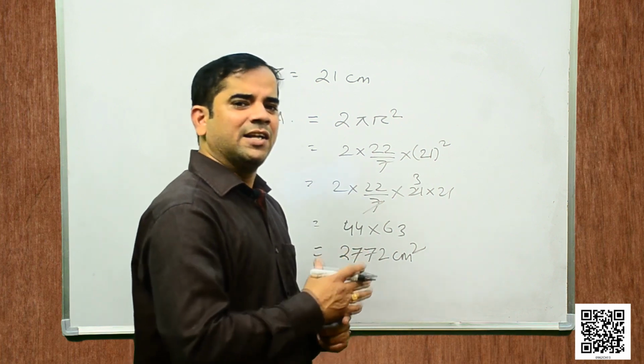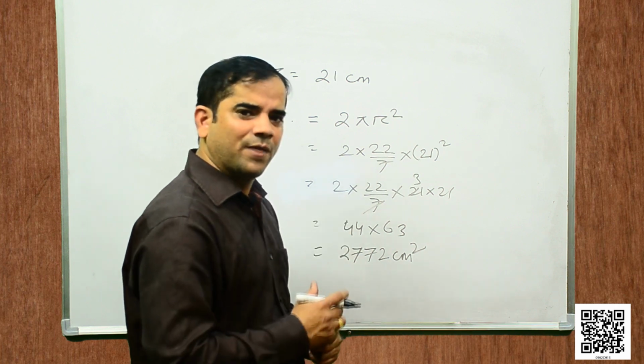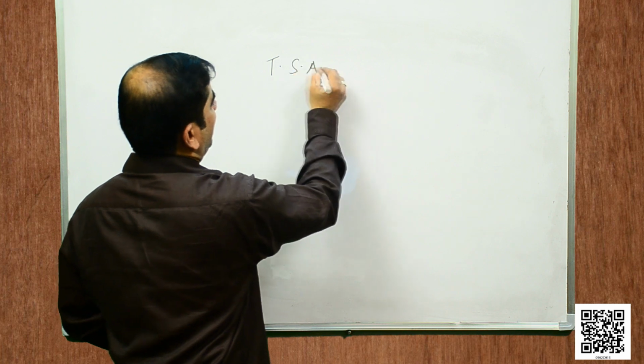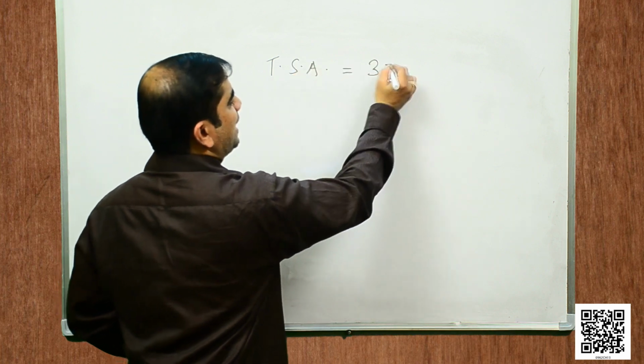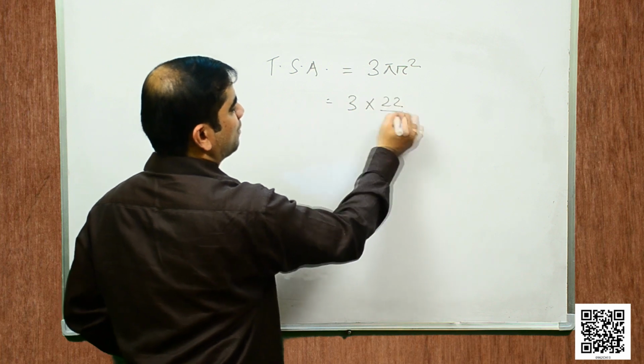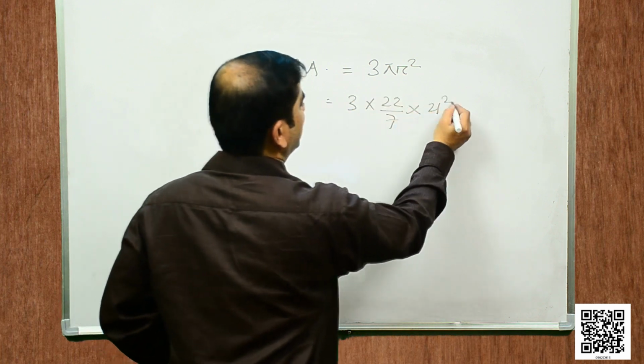Let us now find the total surface area of the hemisphere. So, total surface area of the hemisphere is equal to 3 pi r square, that is 3 into 22 by 7 into 21 square.